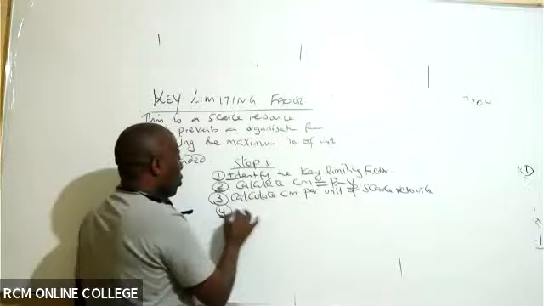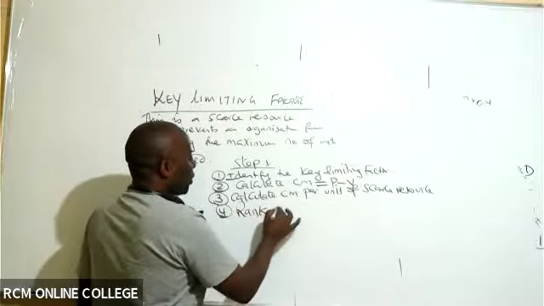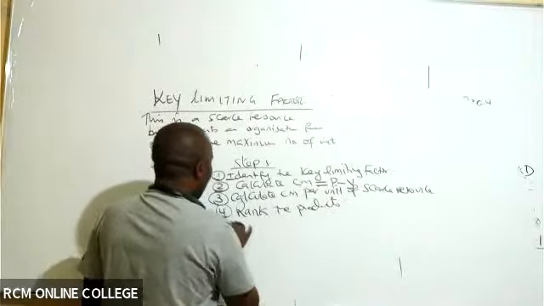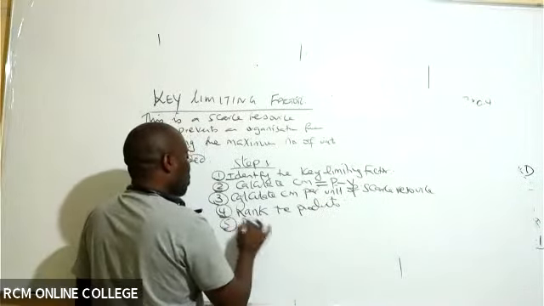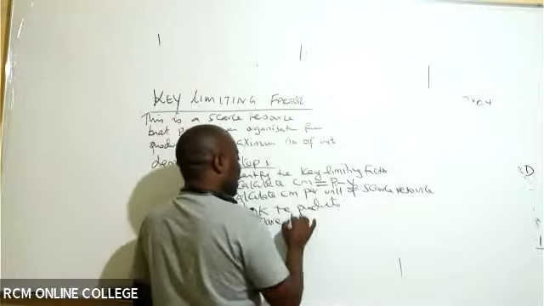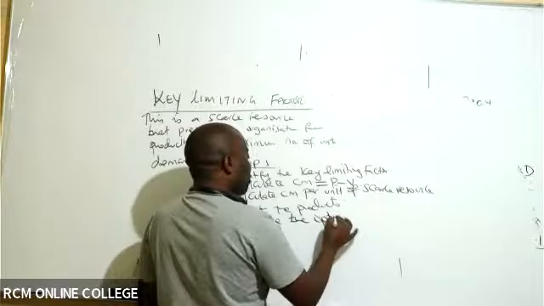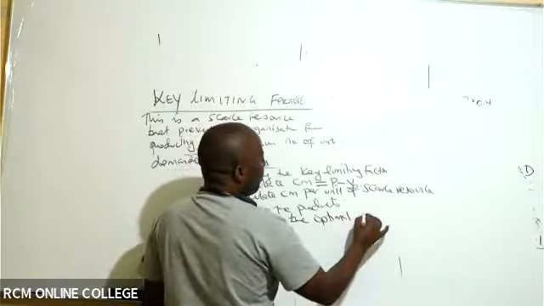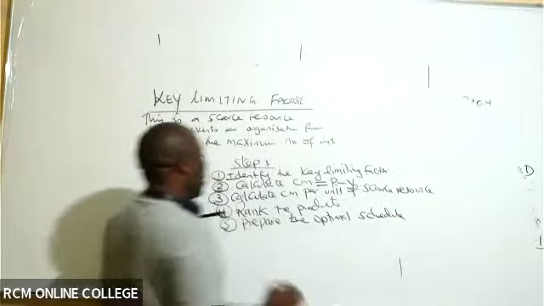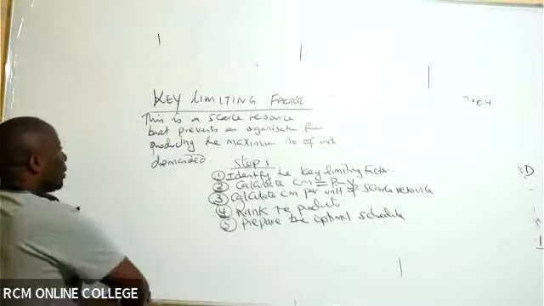Then number four, you rank the products. Then number five, lastly, you prepare the optimal production schedule.